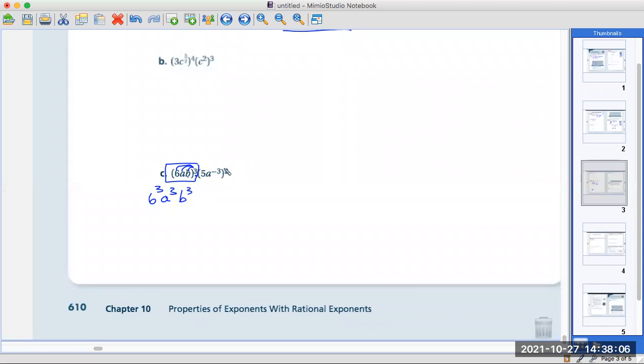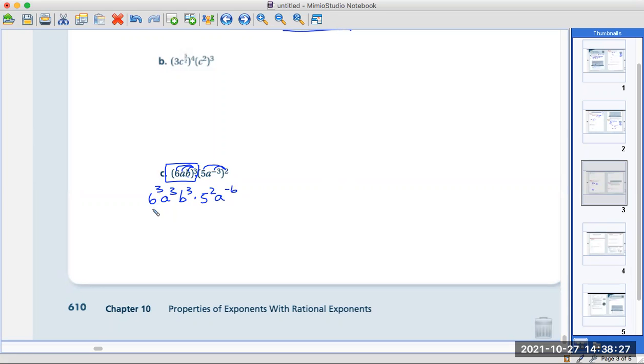This one, leave the negative exponent for right now, times 5 squared, A to the power of -6. -3 times 2 is -6.